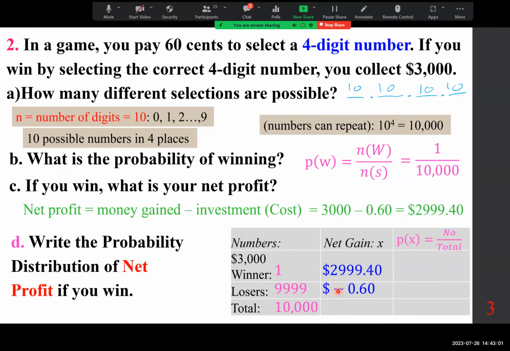What is the probability? Over here is 1 out of 10,000. So over here would be 9,999 over 10,000. Those are the probabilities. Now this is a very important table, the probability distribution of net profit. We are going to continue on that thought.